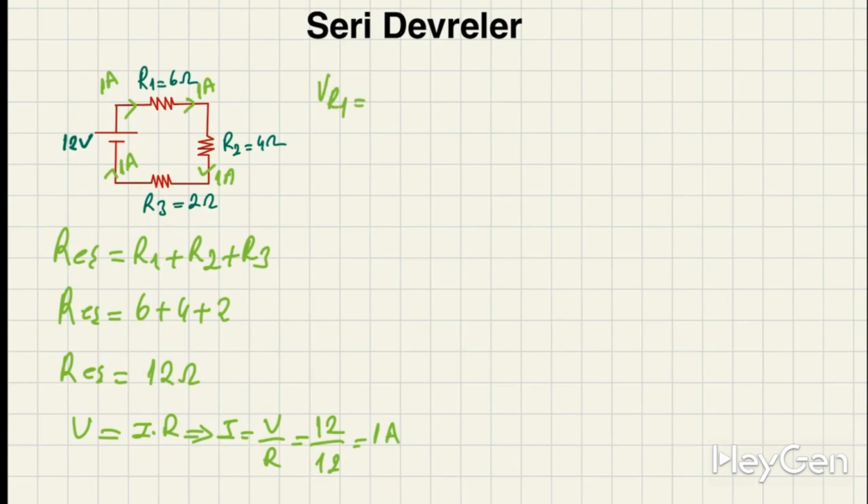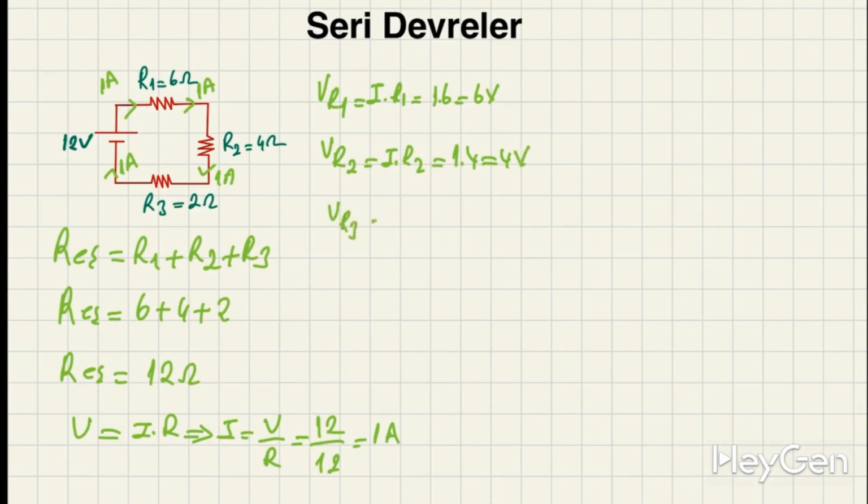Let's say VR1. What is this thing we call VR1? It's I times R1. Since the current flowing is 1 ampere and the resistance is 6 ohms, the voltage will be 6 volts. If we want to find VR2, it will again be I times R2, which is 1 times 4, so it will be 4 volts.